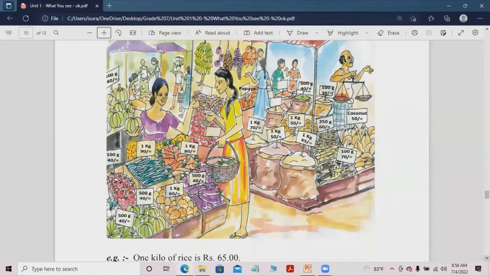මෙතන තියෙන අඩුම තරමේ දේවල් 10කවත් price එක ලියන්න ඕන. 500 grams of pumpkin is 40 rupees. Then 100 grams of dry fish is 70 rupees. One coconut is 50 rupees.